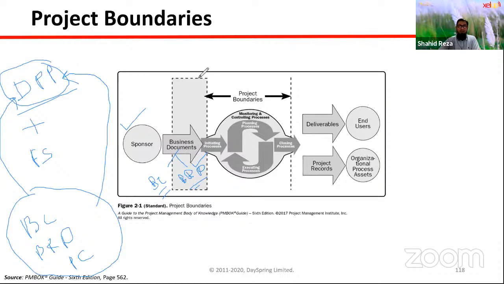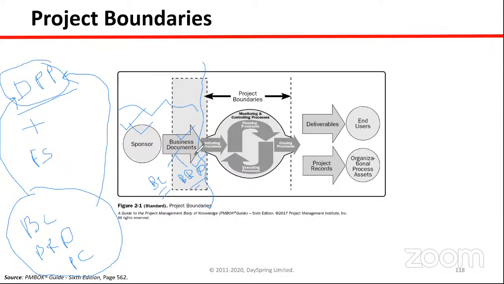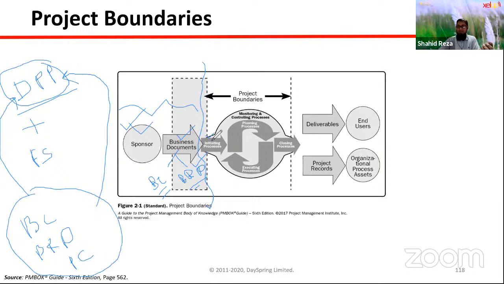So these are the pre-project phase. A sponsor is approving, seeing the feasibility study, business case, benefit review plan. After approval, the project is initiated. Then we are doing the project and finally getting deliverables. We deliver those deliverables to end users.